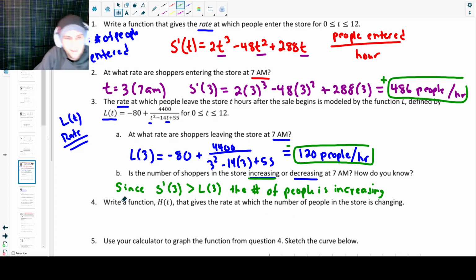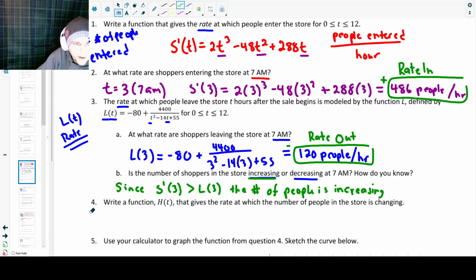All right. So this is our first example here of kind of a rate in, rate out situation. Here, the entering function, that is our rate in, and this up here is our rate out. And we're kind of putting those two things together in this scenario.